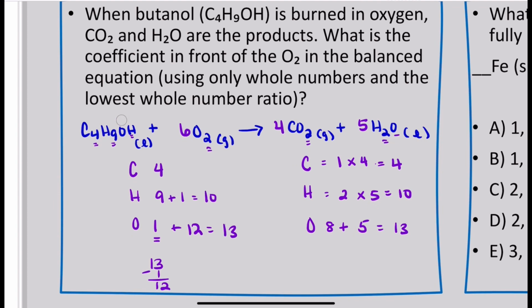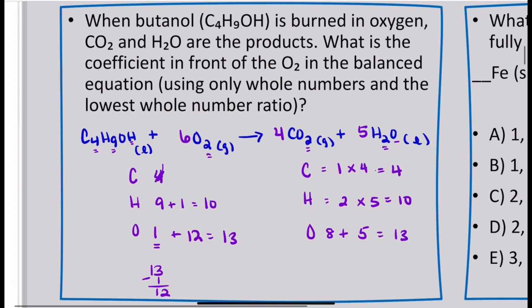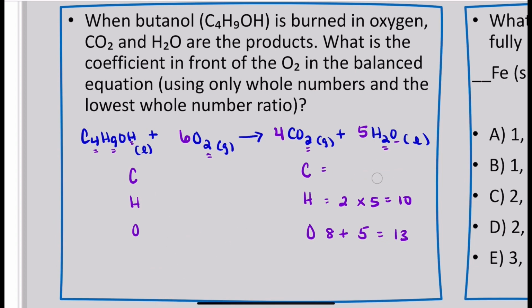Now, if you're ever unsure, go ahead and just erase everything and rebalance it quick. Just check yourself, because if this is not correct, then none of your stoichiometry is going to be correct, and you're going to get the entire question wrong, and that's just going to be sad.